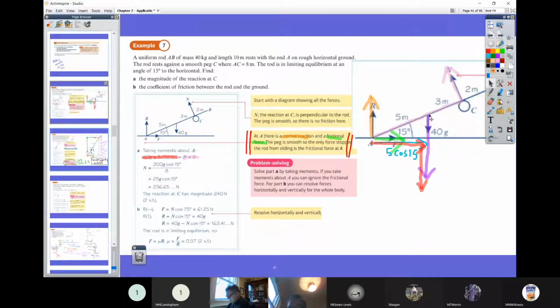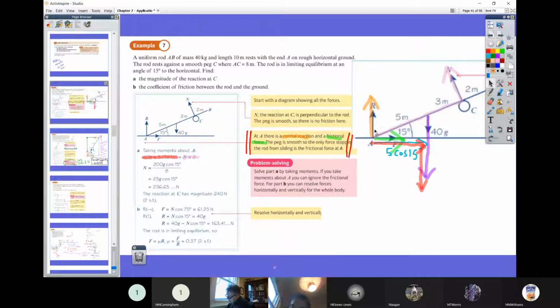Make it nice and big. Look at my big purple arrow. That purple arrow is my weight. I've drawn it all the way down, and then it's so much easier to see that red horizontal line, which is the corresponding perpendicular distance. So that's my first point.